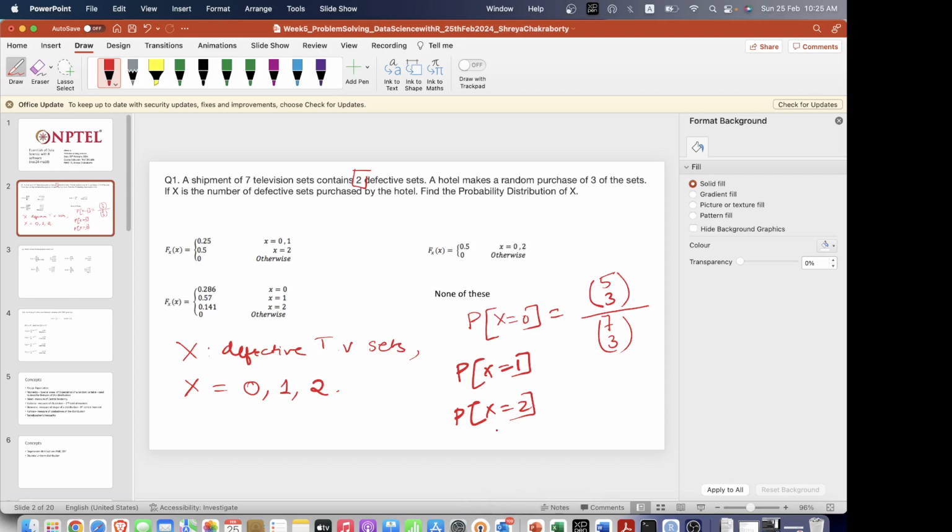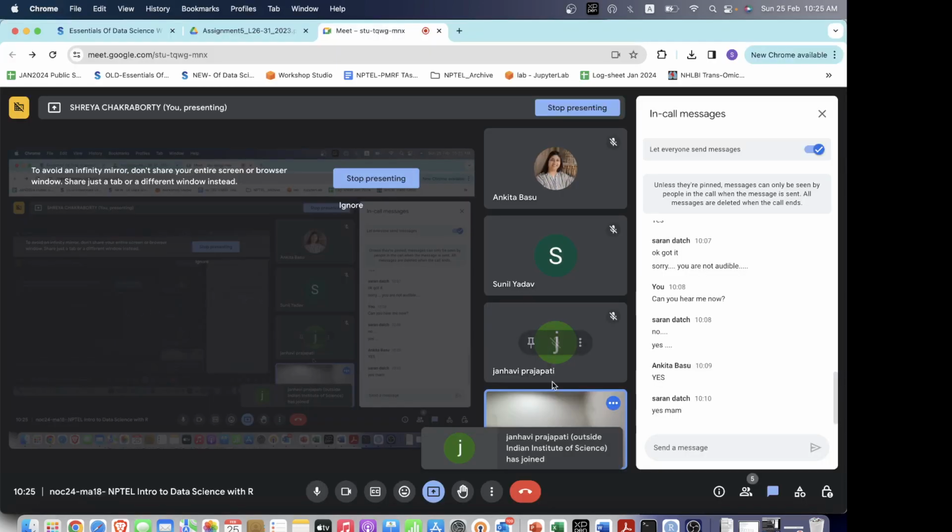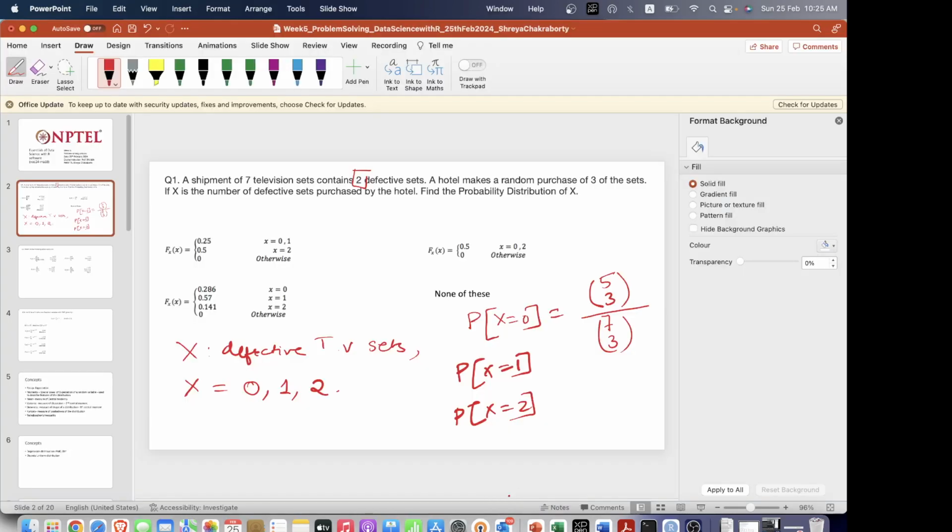Similarly, probability x equal to 1 would be: 1 we are choosing from the defective set and the remaining we are choosing from the non-defective set.